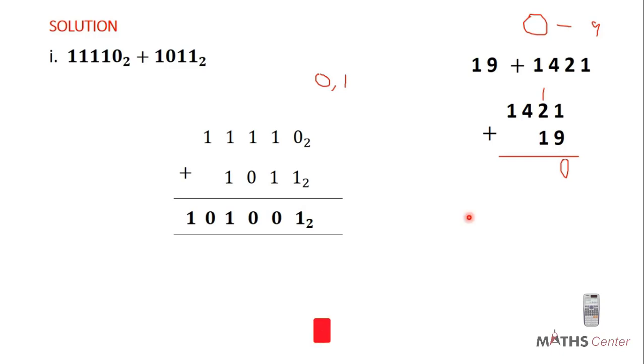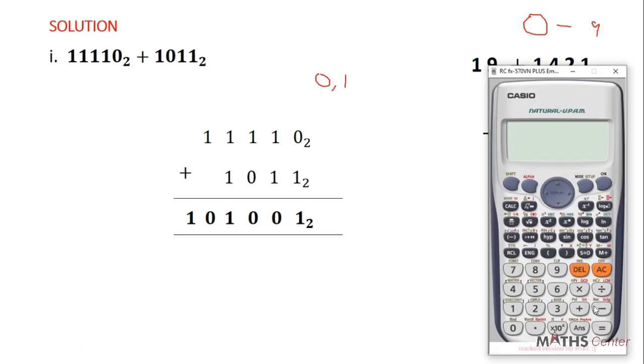Our calculator allows us to add and subtract numbers in base 2. So I'm going to show you how you can use your calculator to add these two numbers that are in base 2. To do that, switch on your calculator. Then press on mode. When you press on mode, you have about 8 options on your screen.